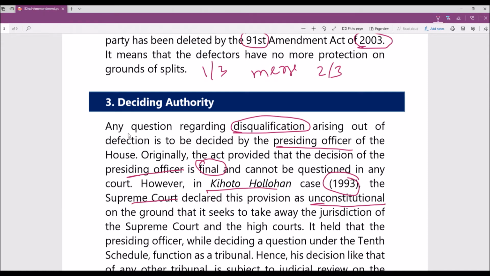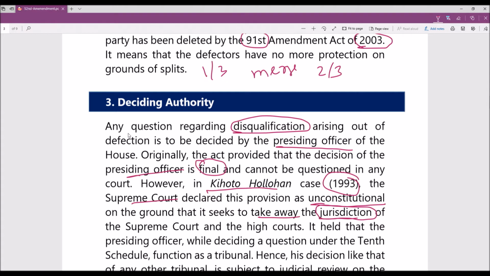So who is the final authority? If somebody wants to appeal, the Supreme Court will decide, on the grounds that the provision seeks to take away the jurisdiction. Previously the Speaker was held to be the final authority. Now the Supreme Court says it is taking away the jurisdiction of the Supreme Court and the High Court.